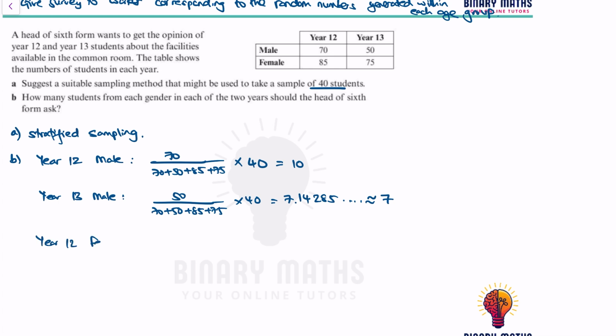Year 12 female would be 85 over 70 plus 50 plus 85 plus 75, which is the total, times by the sample size, which is 40, which gives me 12.14285 blah blah blah, which rounds down to 12.